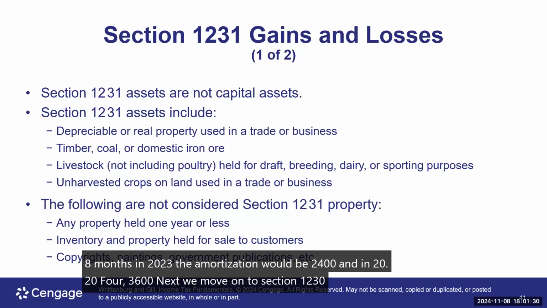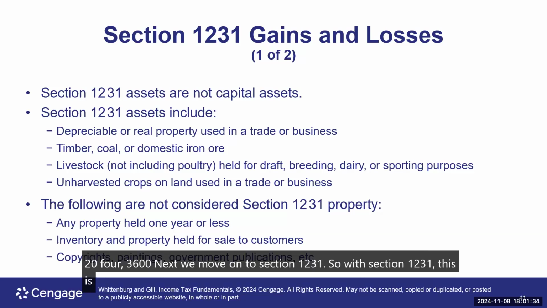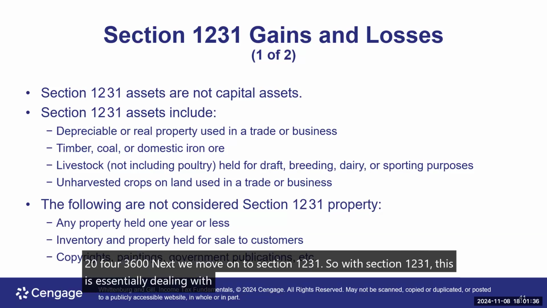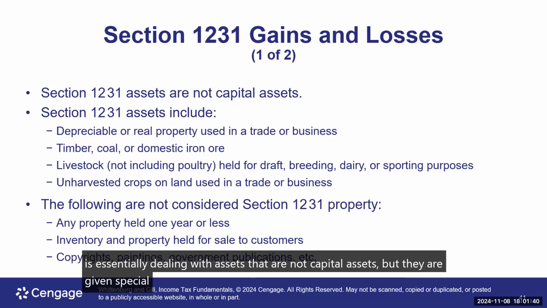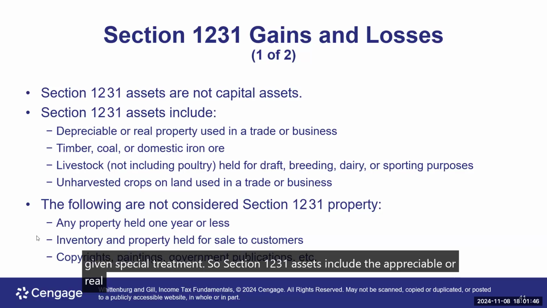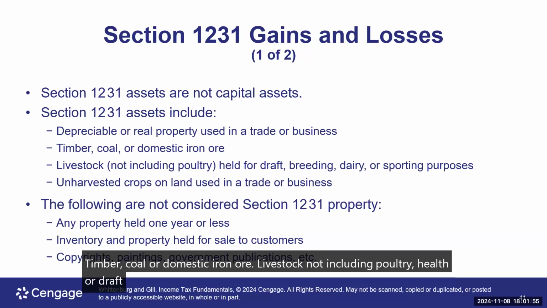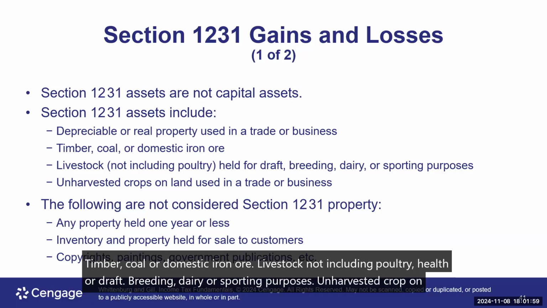So with Section 1231, this is essentially dealing with assets that are not capital assets, but they are given special treatment. So Section 1231 assets include depreciable or real property used in a trade or business, timber, coal, or domestic iron, or livestock, not including poultry, held for draft, breeding, dairy, or sporting purposes, and unharvested crops on land used in a trade or business.